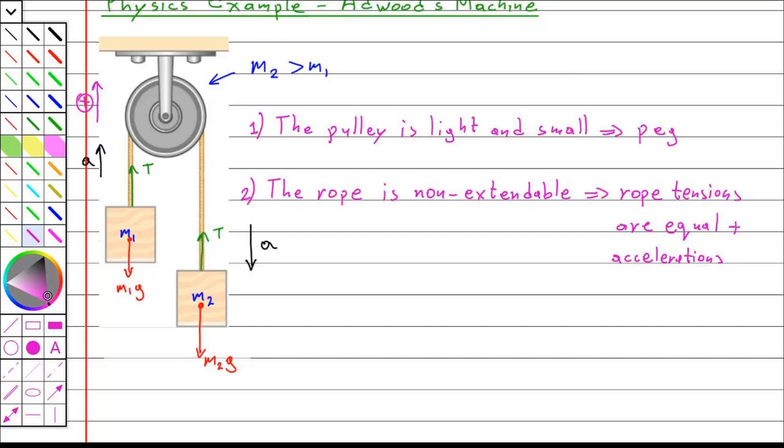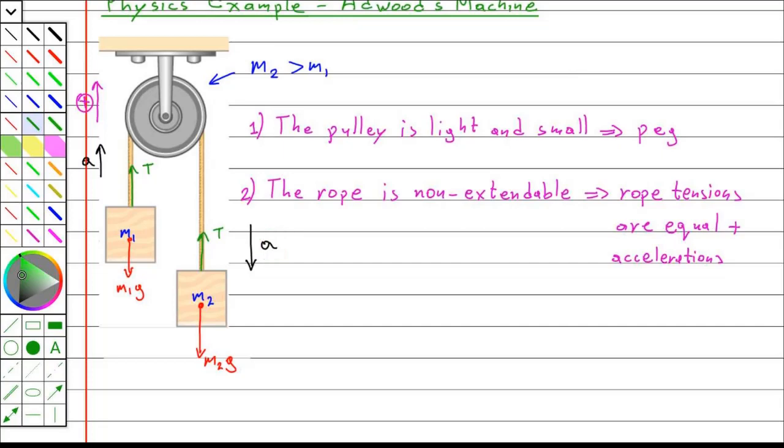Since we have forces and accelerations, we are going to be using Newton's second law. As we have said in previous videos, we need to set our target. Our target in this case is the acceleration of the two masses, which we want to calculate based on the relationship between the masses of the two bodies.